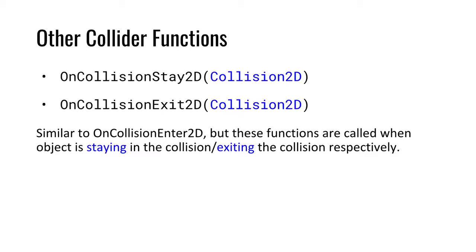Any other questions? If you were to add a script that said on collision stay 2D to an object that didn't have a rigid body, would it still be able to run that script? No. You can only have collisions between things if they're in the physics engine, and anything without a rigid body isn't being affected by the physics engine.